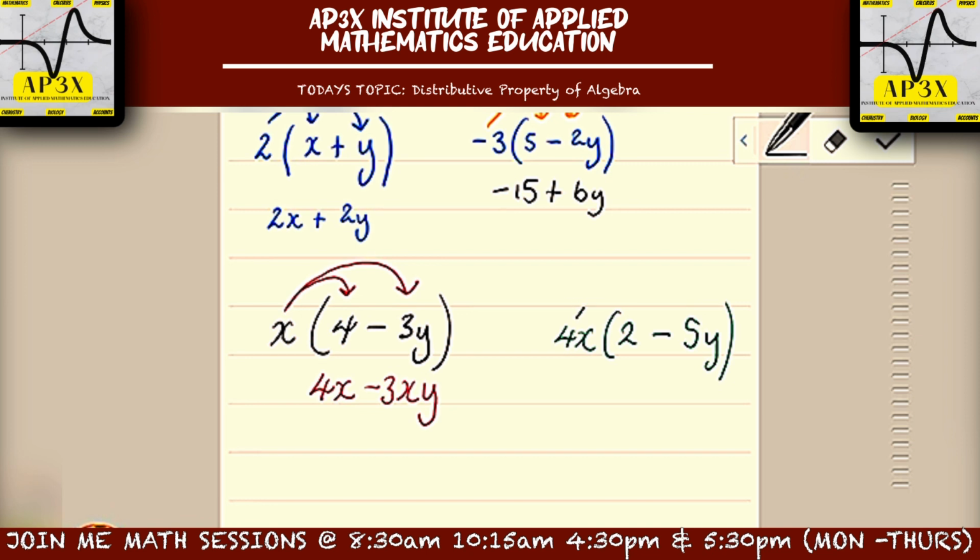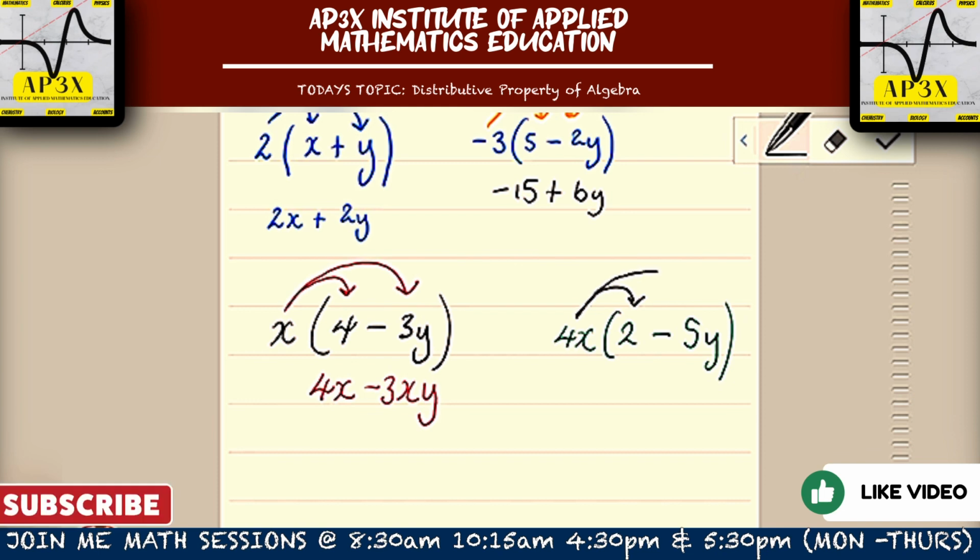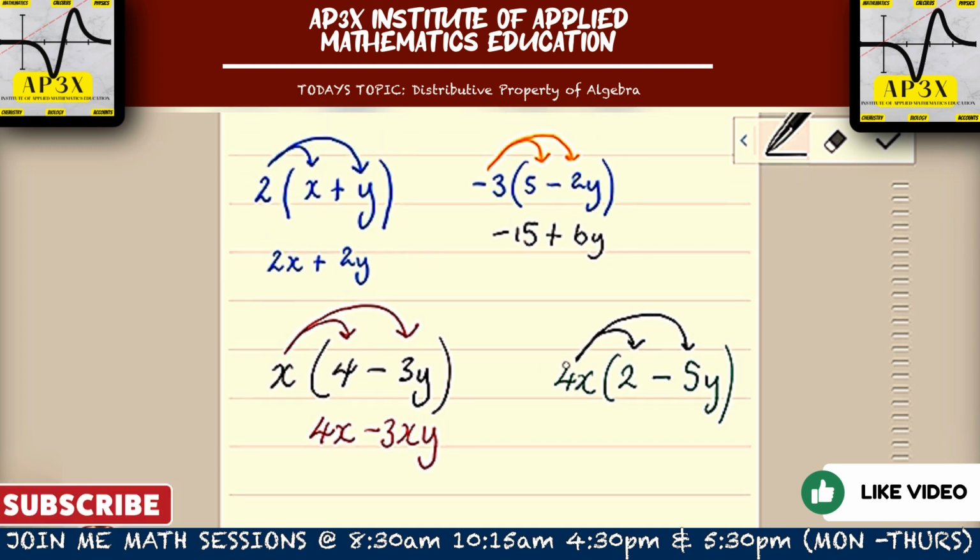So here we have, say here, 4x multiplied by 2, and 4x multiplied by negative 5y. Now, I kind of like to make it simple for my students by telling them to multiply number with number and variable with variable. So here 4 multiplies 2 gives us 8, and since there is nothing here beside the 2 to multiply the x with, the x simply comes back, right?